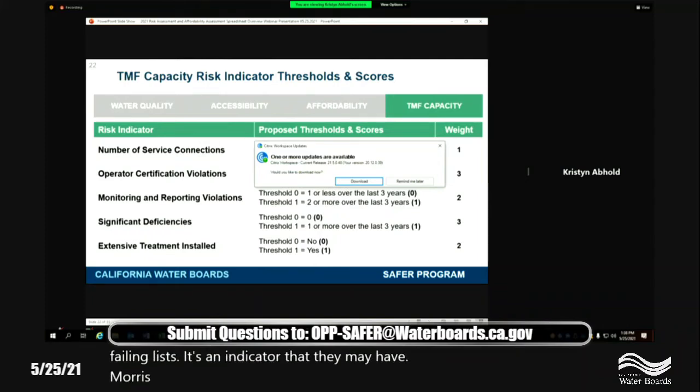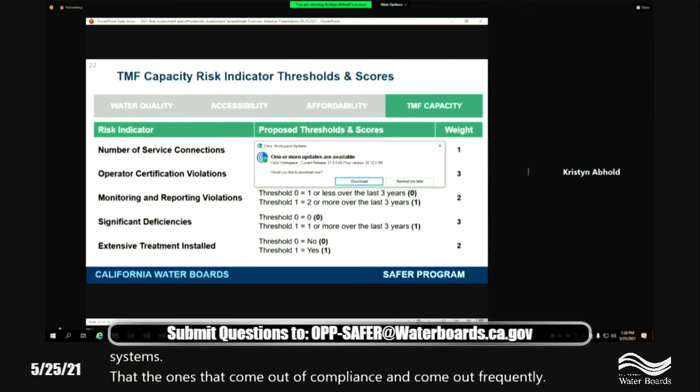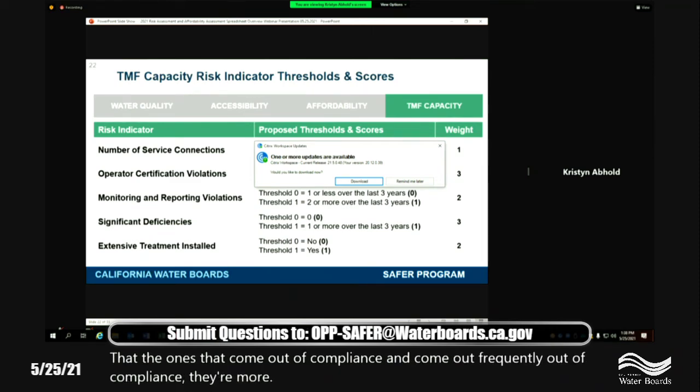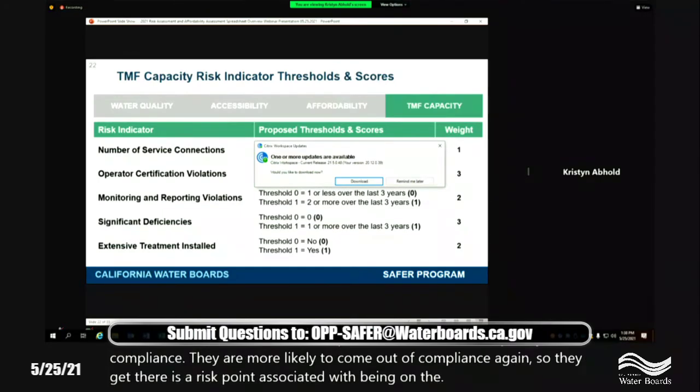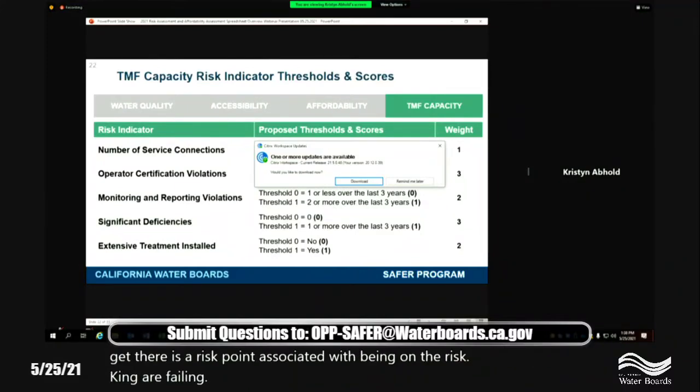We often see with especially our small water systems, that the ones that come out of compliance frequently are more likely to come out of compliance again. So there is a risk point associated with being on our failing list more than once. So that's why we include it in our risk assessment.